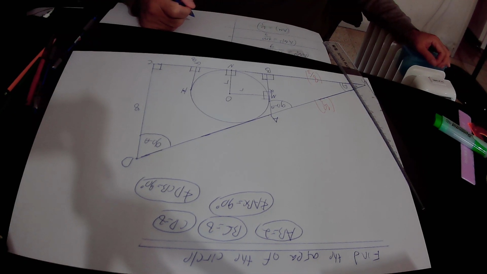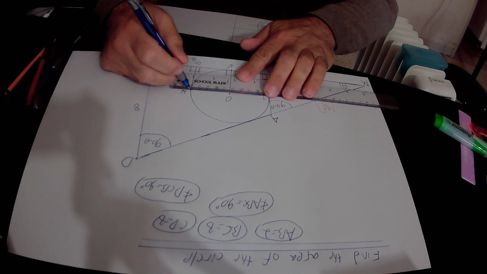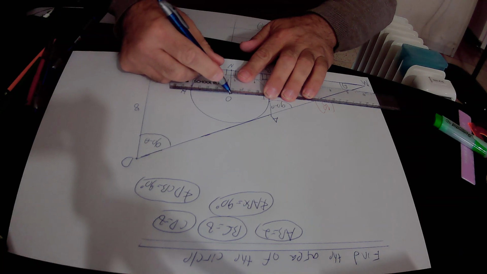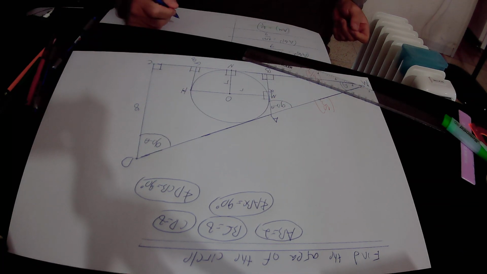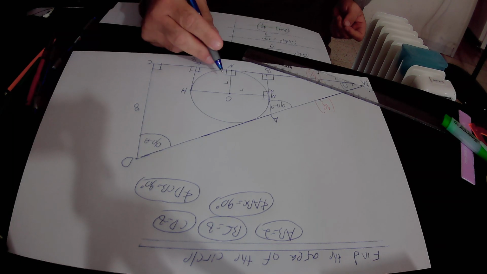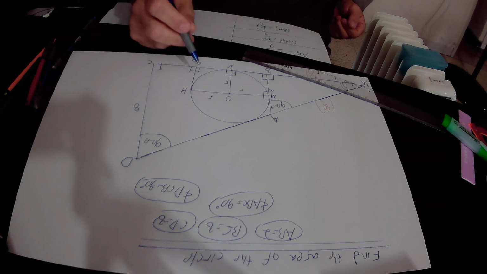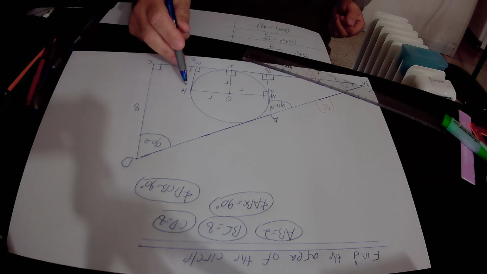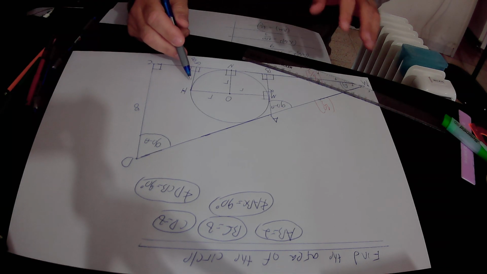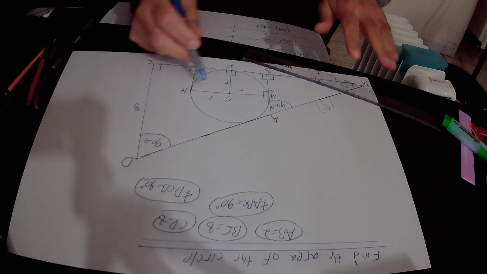We join points O and H together by a straight line. Point O is the center of the circle, point H is a point on the circle itself, therefore OH is the radius of the circle, that is R. Again, we have the radius OH that is drawn to the point of tangency, that is to say it is drawn to point H. Therefore, the tangent GH will be perpendicular to the radius OH.